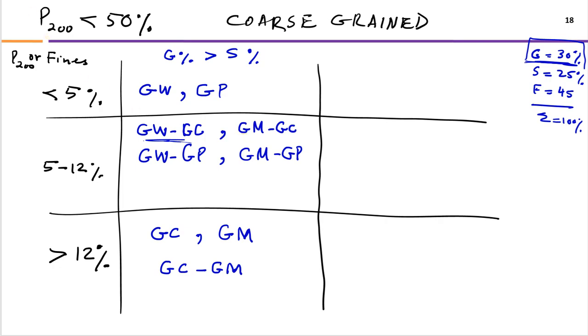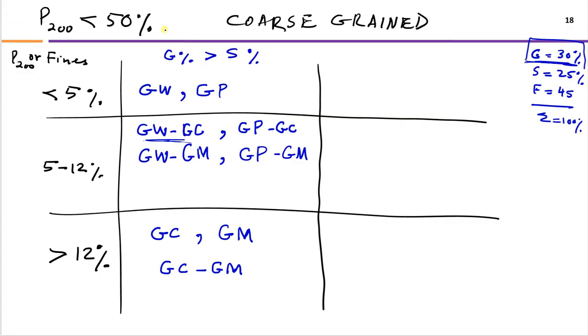Okay, the second letter I made a mistake here. The second letter is poorly graded. So here I messed up. GWGC, or it is going to be GPGC, and here is GWGM, or it is GP and GM. Okay, so these are well graded gravels or poorly graded gravels with some amount of silt and clay.